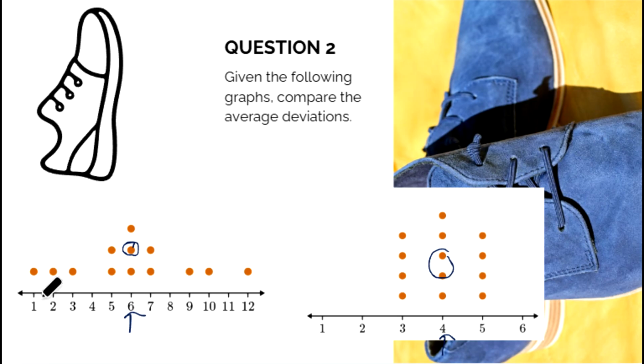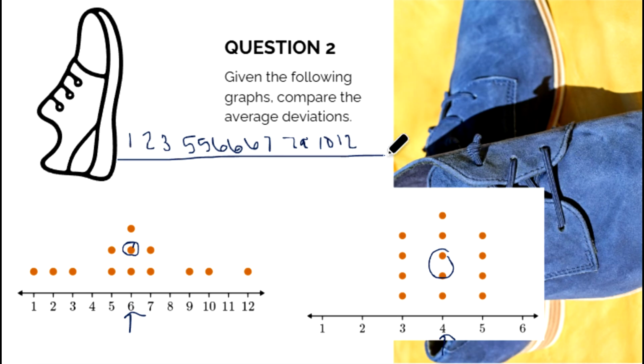Now we need to figure out the deviations. Let's do the first one. We have 1, 2, 3, 5, 5, 6, 6, 6, 7, 7, 9, 10, 12, and our mean is 6.